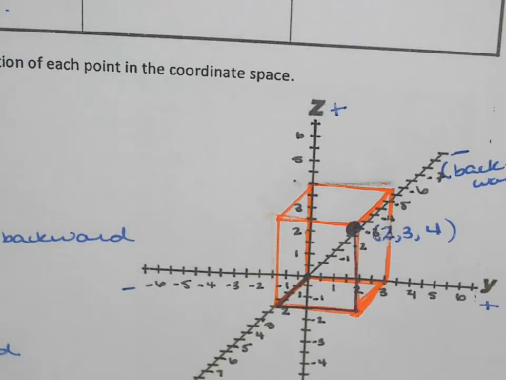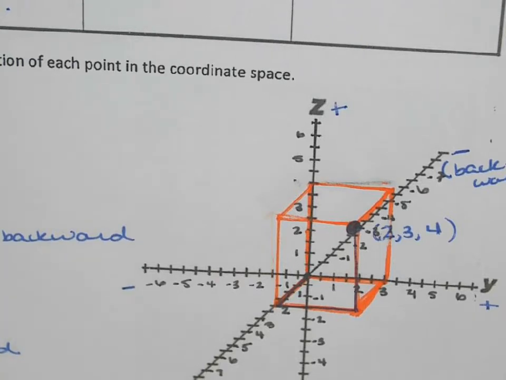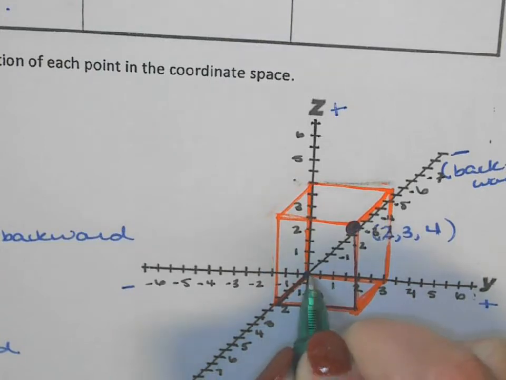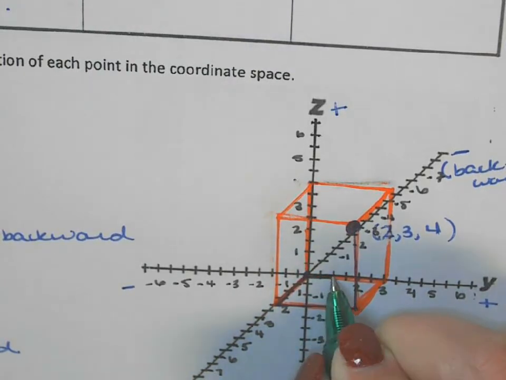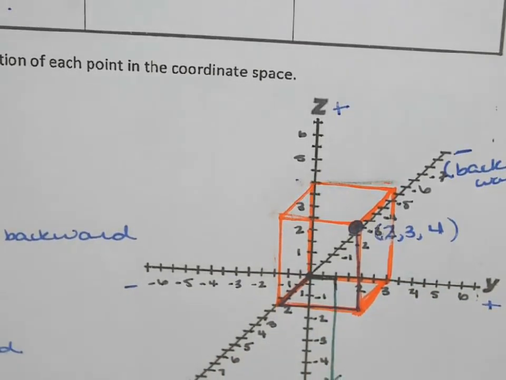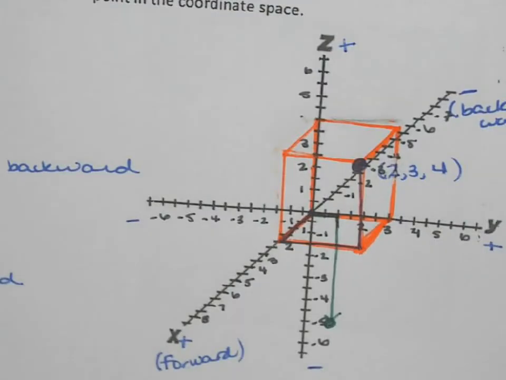Okay. Now, B is a little bit easier because I'm going to put this in another color. I'll do green this time. You're not moving forward or back at all. So if we're going right 1 and down 5, that's just right here. That's almost like plotting on the XY axis because you didn't have to move forward or back at all.